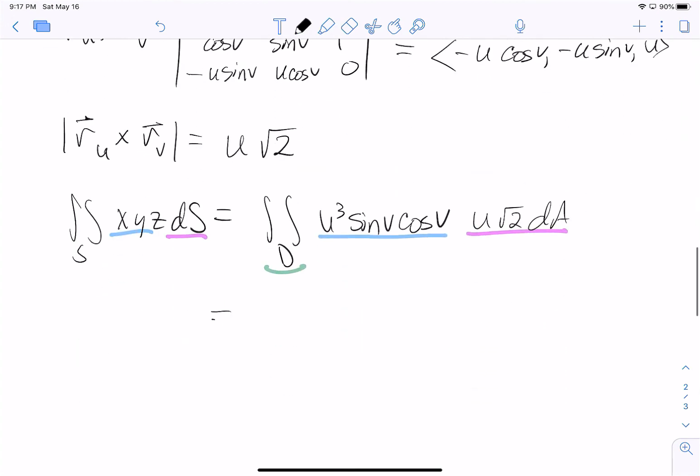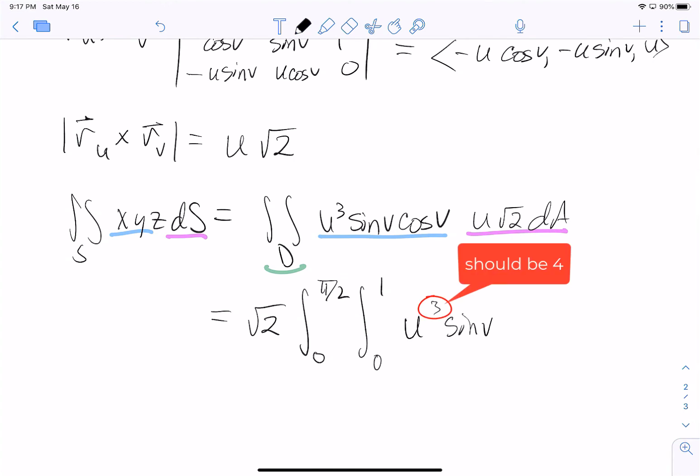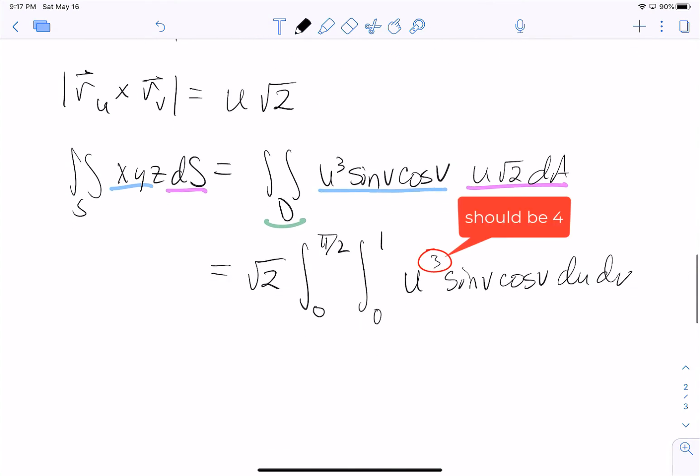So this becomes the square root of 2 times the integral from 0 to pi over 2 of the integral from 0 to 1 of u to the 4th times the sine of v times the cosine of v du dv. This is a fairly straightforward integral, and the answer here is the square root of 2 over 10. I again leave it to you to verify that.